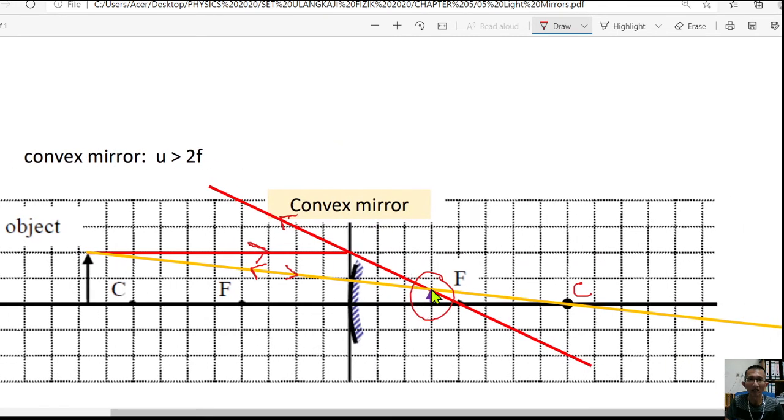All right, so it intersects here. If I compare this image and this object, I can see that this image is diminished, becomes smaller, upright, and since the image and the object are not on the same side, this image must be virtual.